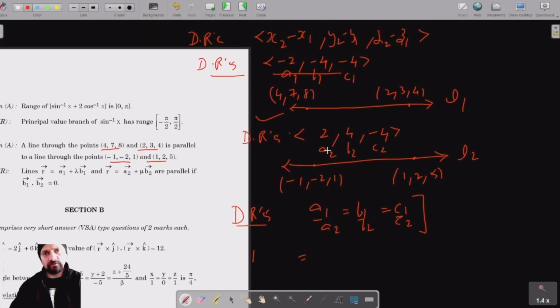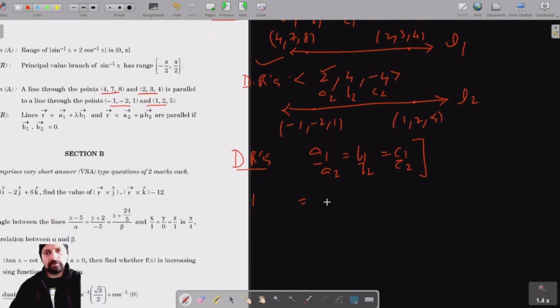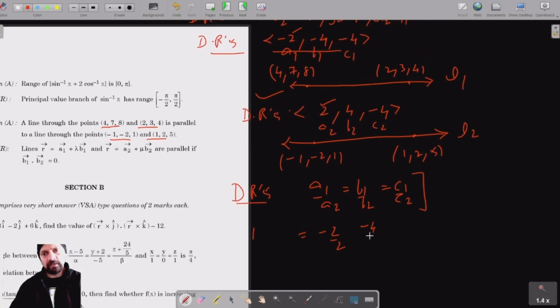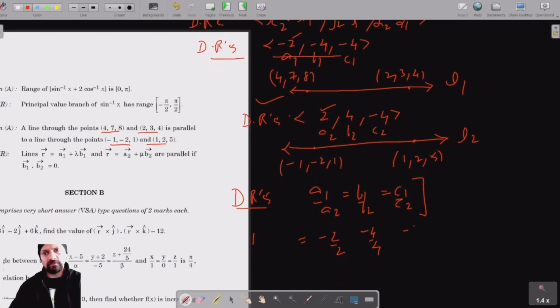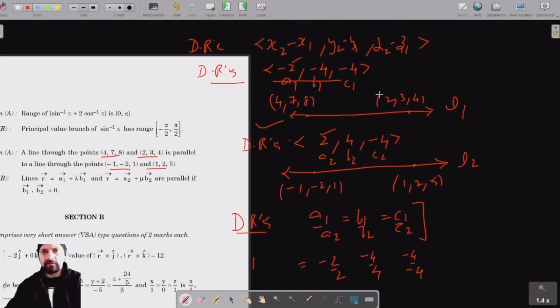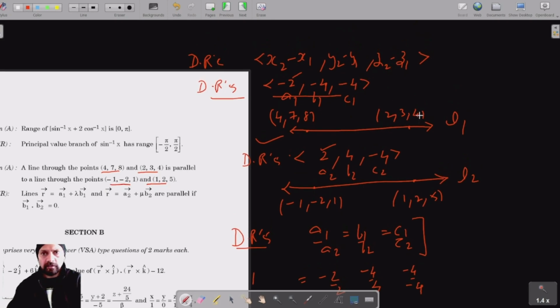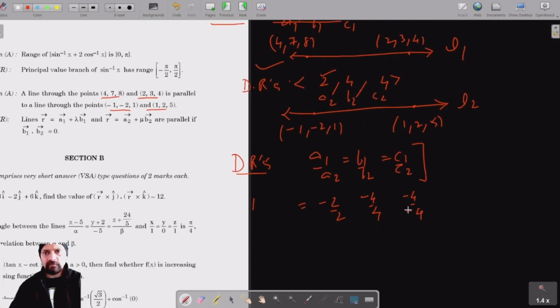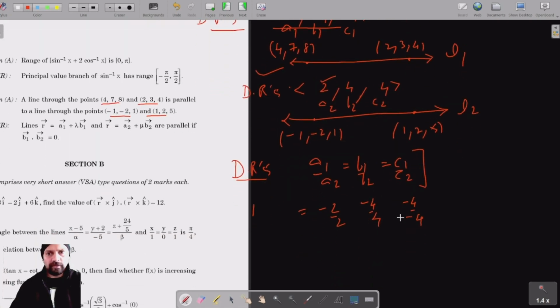Let's find out the ratios. -2 by 2, -4 by 4, and -4 by 4.